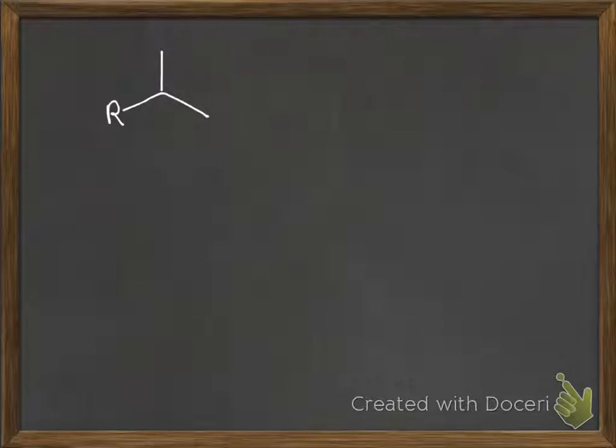Well, there's actually two ways that people do this. One is to count this as the number 1 carbon. Wherever a substituent is attached, you can number that the number 1 carbon. That means either way going up or down, it could be the 2 carbon. So I'm going to go ahead and go down, but I could have gone up. And then on the number 1 carbon, what kind of substituent is that?